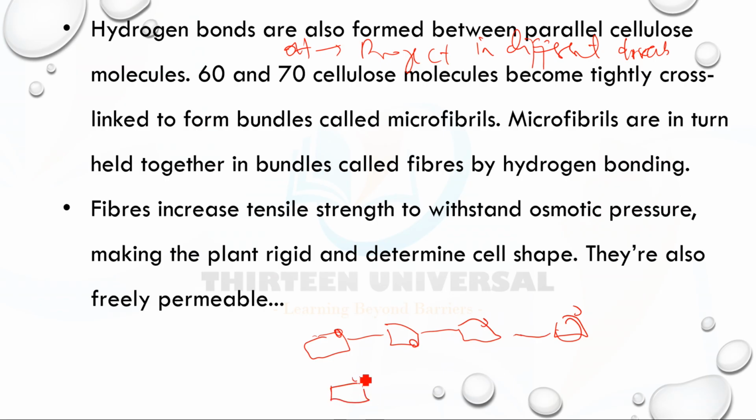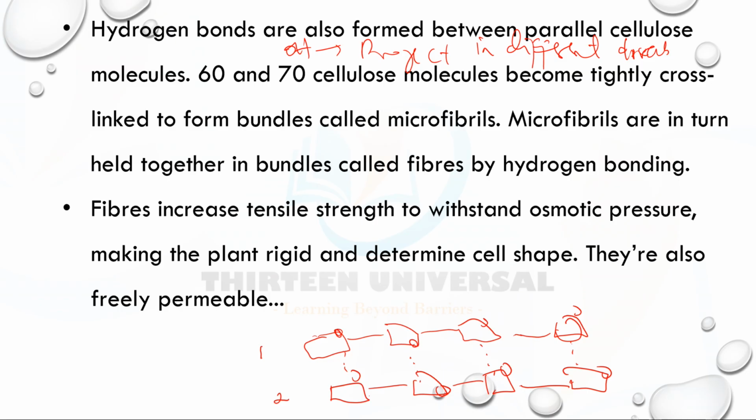The first role is that it helps to form hydrogen bonds between cellulose molecules. A cellulose molecule consists of an unbranched chain. This is molecule one, this is molecule two. Because of the rotation, hydrogen bonds can be formed between them, between parallel cellulose molecules.